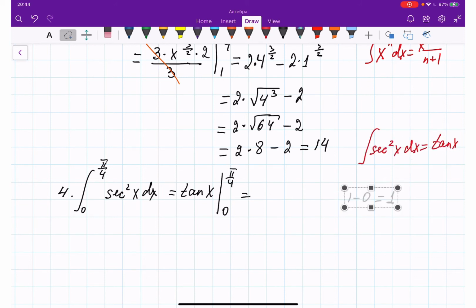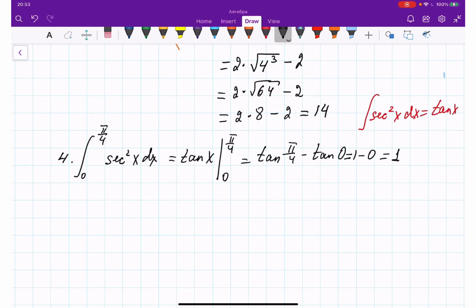So we are getting tangent pi over 4 minus tangent of 0. So this is equal, tangent pi over 4 is 1 and tangent of 0 is 0. So the result is 1. Okay, next problem.